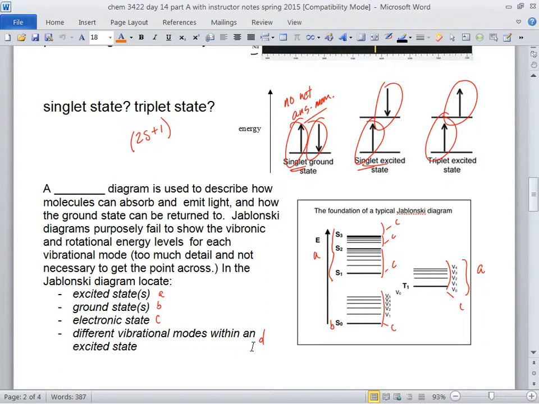Some are more likely than others, and that's why we had to talk about singlet and triplet states, because they have different angular momenta. And if your excited state is a triplet state, your ground state is a singlet state, they can't jump from one to the other because of angular momentum.